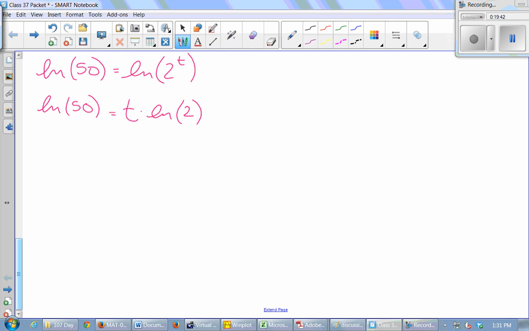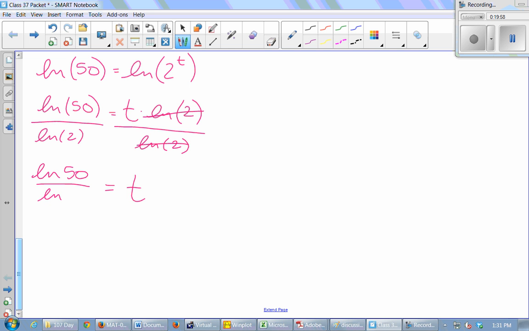All right, so then ln of 2 is just a number. So to get t by itself, I can just divide by ln of 2. So over here we cancel, and you get t equals ln 50 over ln 2, which is approximately what? 5.6 years.